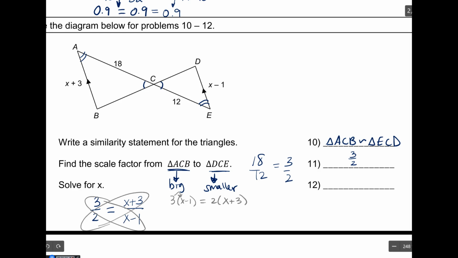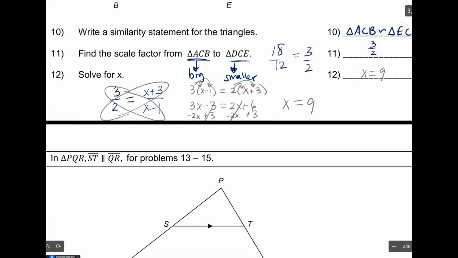I distribute: 3x minus 3 equals 2x plus 6. Subtract 2x from both sides, then add 3 on both sides. 3x minus 2x is x, and that equals 9. X equals 9. Cool. Awesome.